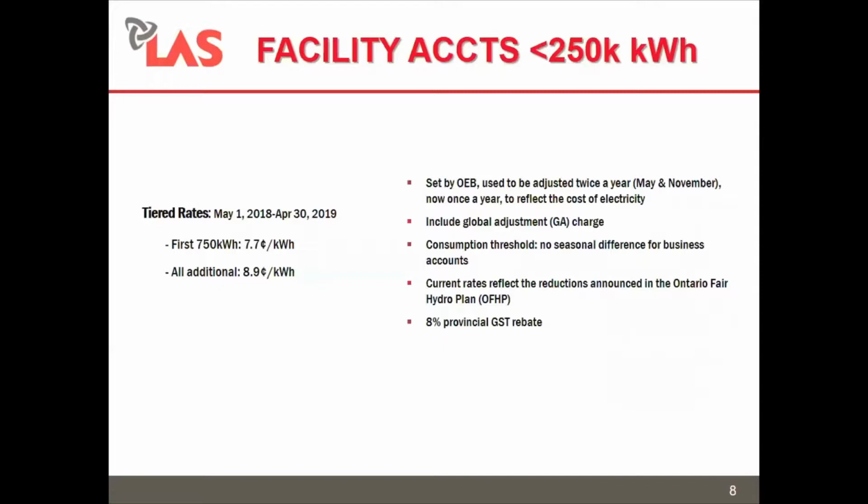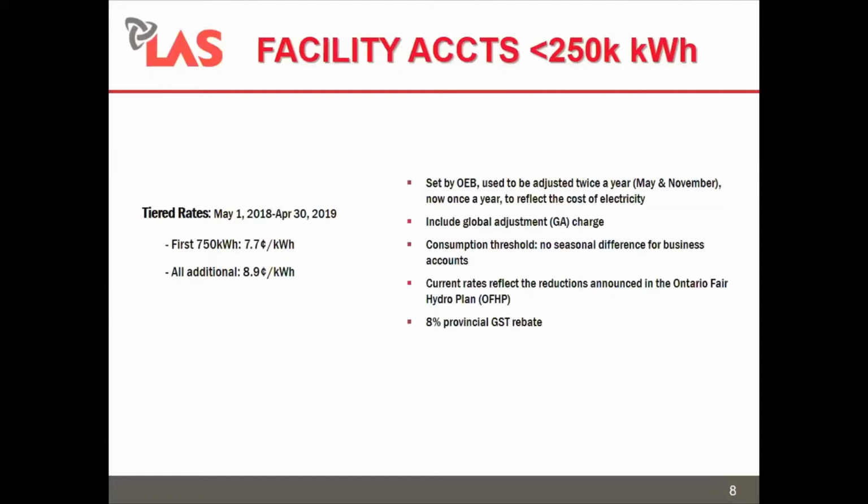and now it only lasts for 1 year. It used to be reviewed every 6 months, and this once again incorporates the global adjustment charge, same as the TOU rate we just discussed. Businesses or people on this type of rate also receive the 8% GST rebate, as well as the discount reduction we talked about from the Ontario Fair Hydro Plan.